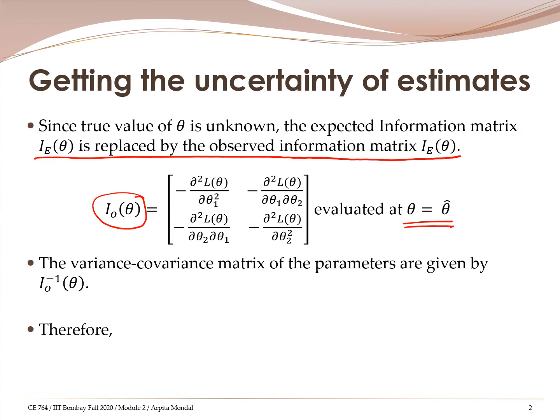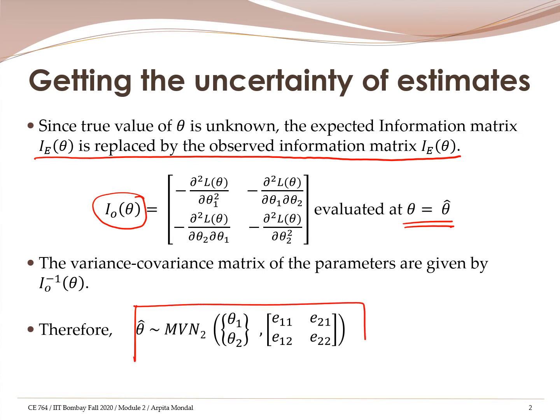To summarize, we can write theta hat as multivariate normal whose mean is equal to the true parameter set, and the variance covariance matrix is given by the inverse of the observed information matrix, evaluated at theta equal to theta hat. Let us look in a little more detail at what this variance covariance matrix is giving us.